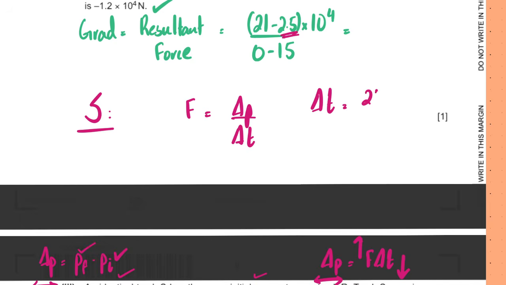It would just be 21 into 10 to the 4 divided by the force, which was this 1.2 into 10 to the 4, and you would find this value to be less than the time taken for R to come to rest, because this value turns out to be 17.5.